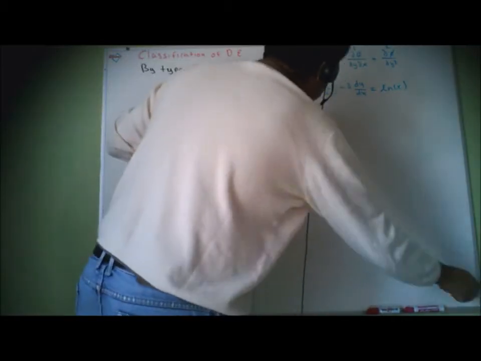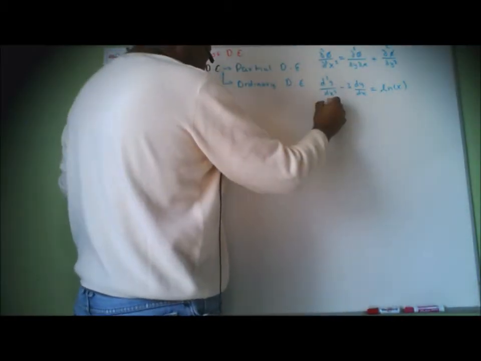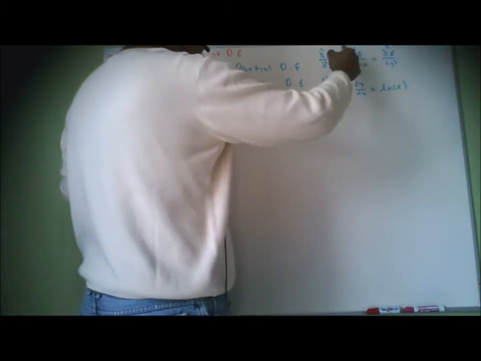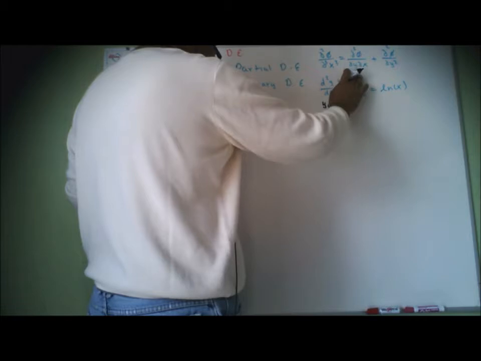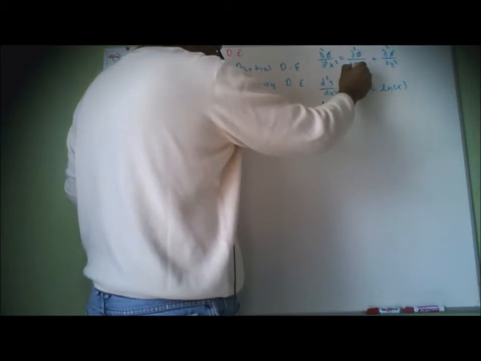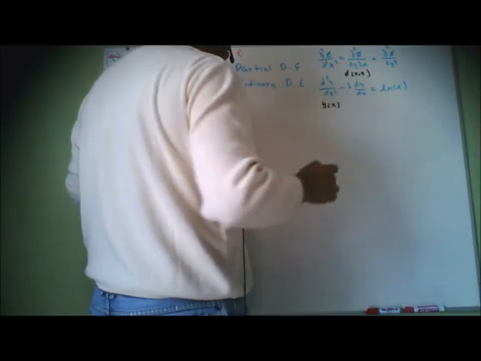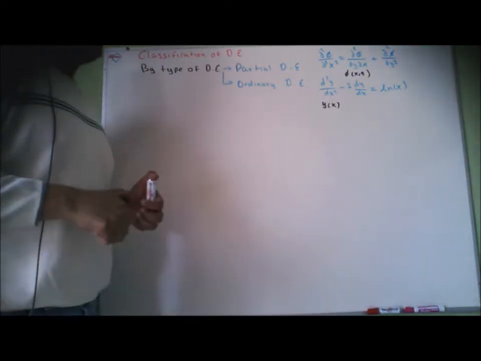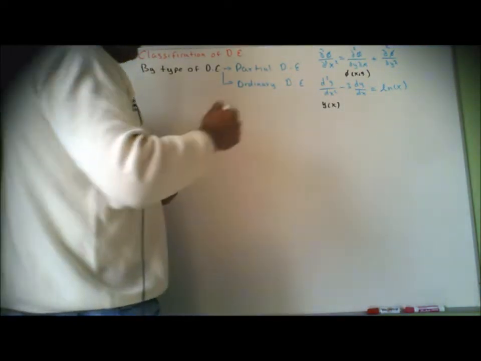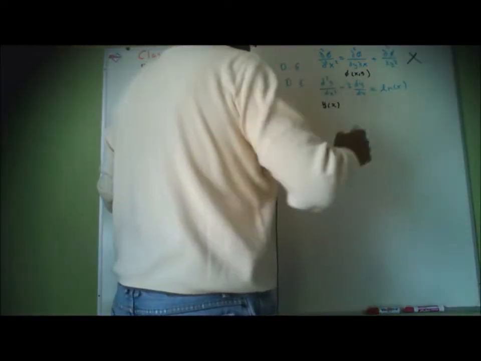The solution that we are going to find here is y as a function of x, while here the solution that we will try to find is a function of two variables, x and y, the function phi. For this course, we are not going to cover partial differential equations. They are way too difficult to solve.